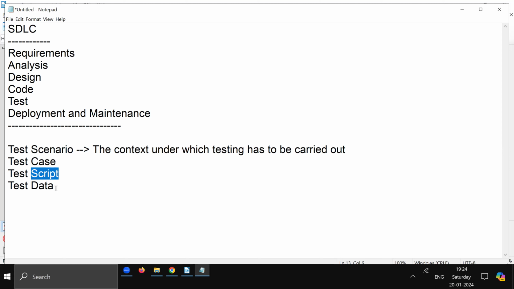And then while executing test script, you have to give test data as input. Okay. Now, test scenario. First scenario is window, testing window. Yes. Can anyone tell me what are the aspects that have to be tested with respect to window? You all are familiar with Notepad, right? That is the reason why I chose Notepad as one example.